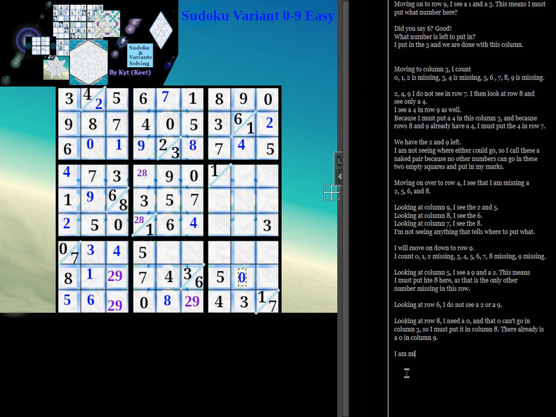I am missing a 2 and a 9. I look at column 9 and see a 2.